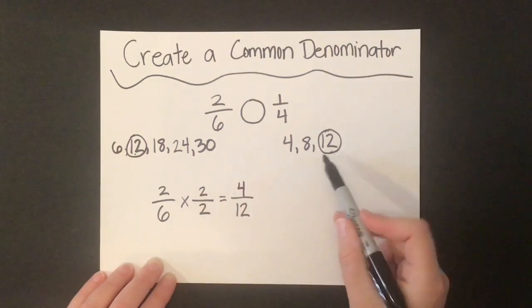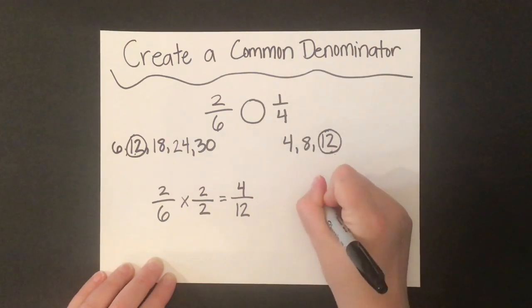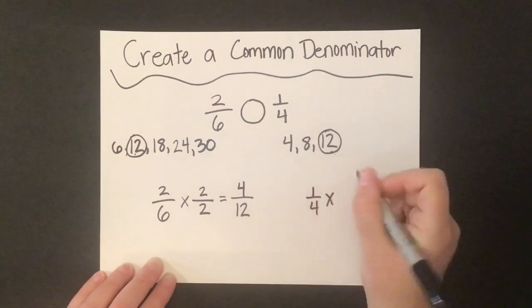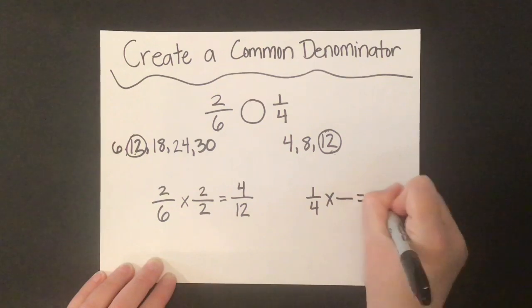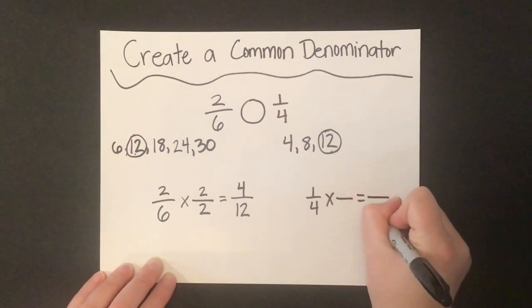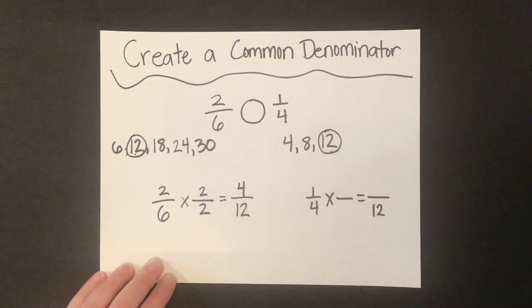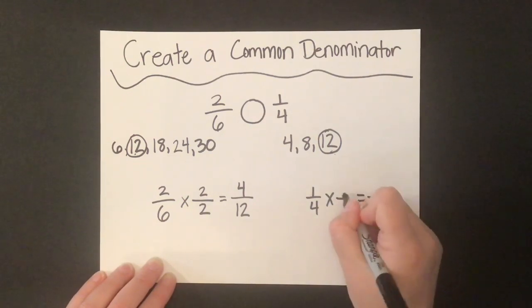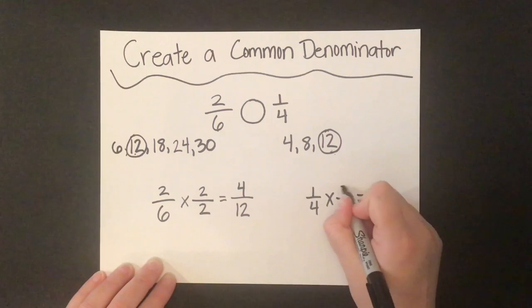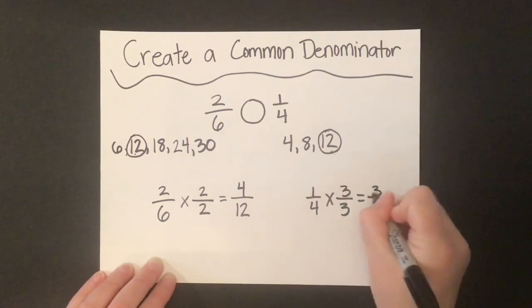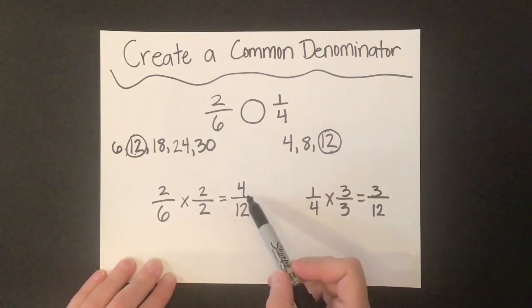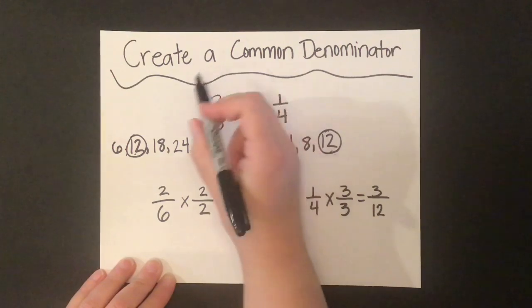And then over here, we'll go ahead and take 1/4 and multiply it by something and end up with a new fraction name that has 12 as a denominator. So 4 times 3 equals 12. So we have 3/12. What we just did then is we created equivalent fractions.